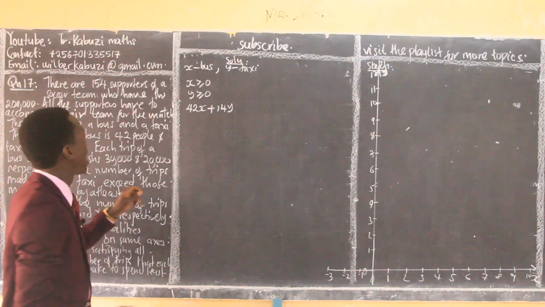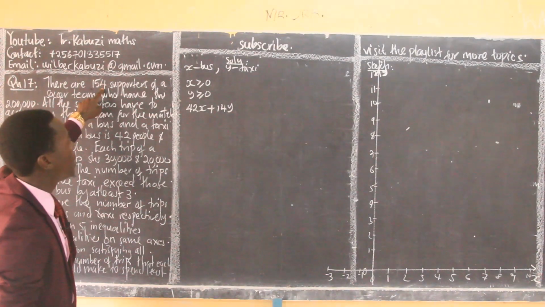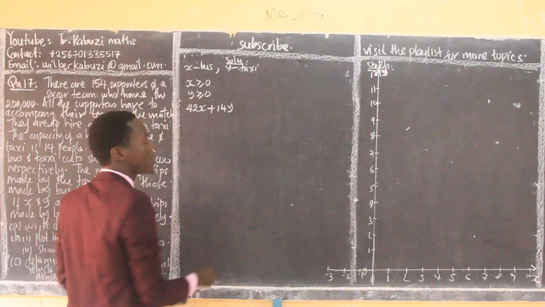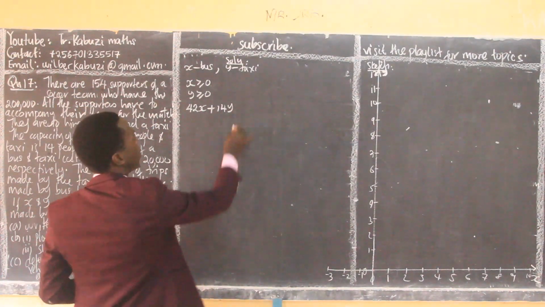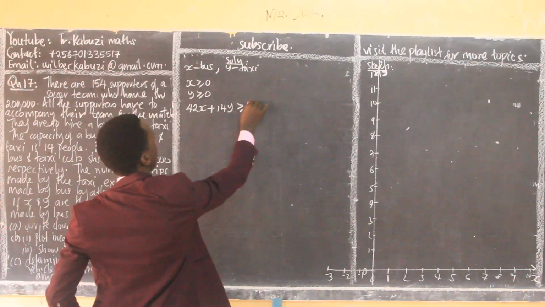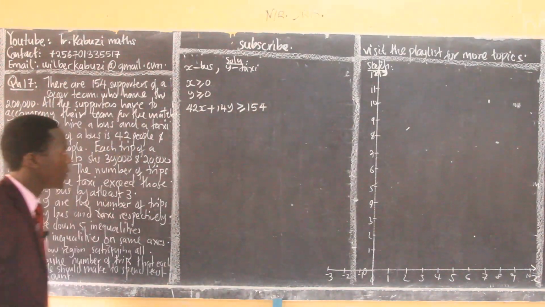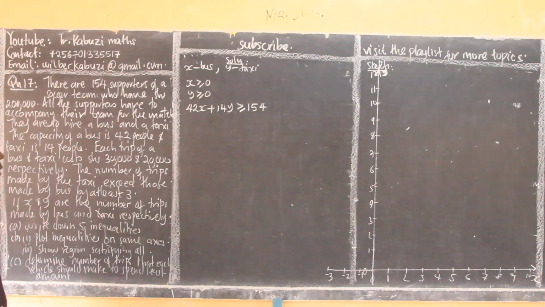But remember, these are transporting 154 people. They told us all the people should accompany, so this should be at least 154. They should be able to transport all the 154 people.